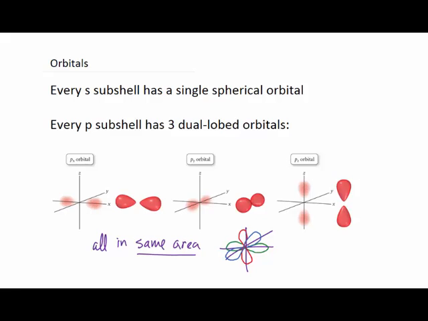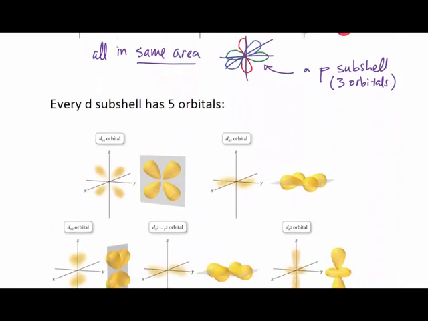And all together, this is a p subshell containing 3 orbitals. Okay. px, py, pz. Just sort of the 3 axes of the coordinate plane.